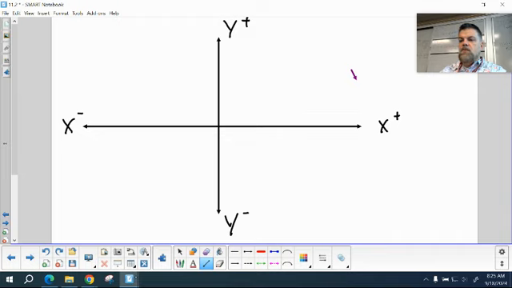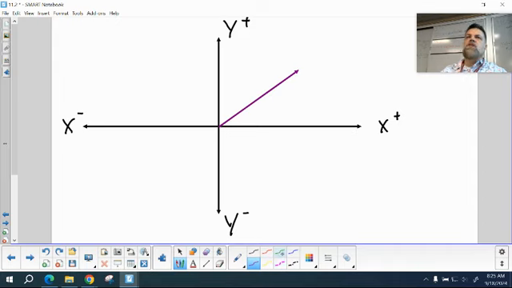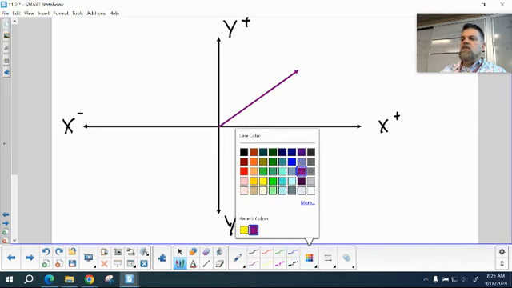And so this is a vector, all right? We talked about this before, but this vector represents a magnitude, and it also has a direction. There are a couple of different ways we can measure that, but it definitely has a magnitude.